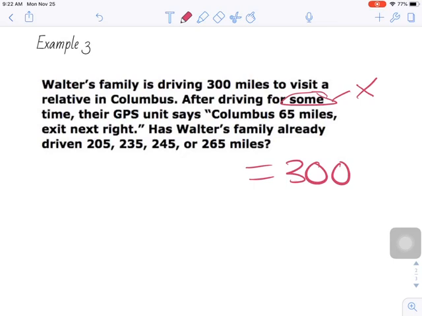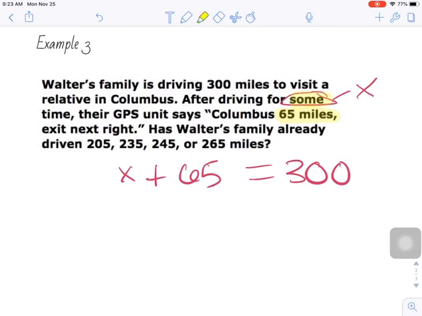Has Walter's family already driven 205, 235, 245, or 265 miles? So basically what this is saying is they've driven some miles and they still have 65 miles left. So we want to combine those two to figure out our total, which we know is 300. So I'm going to say x plus 65.